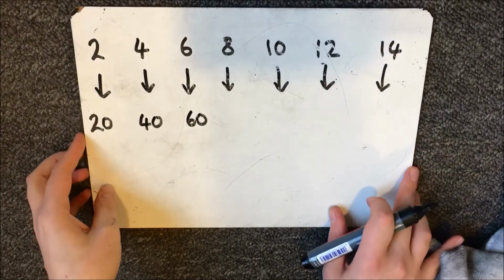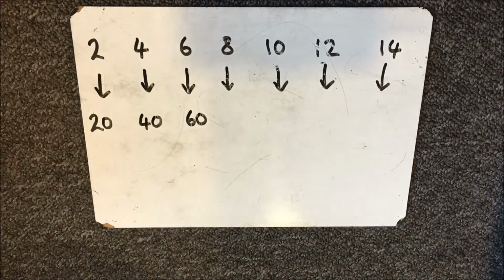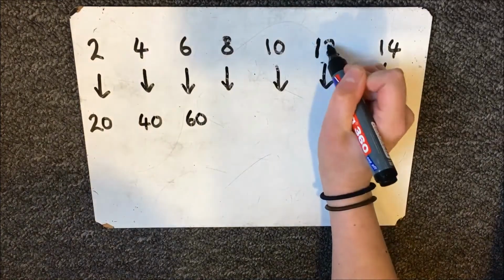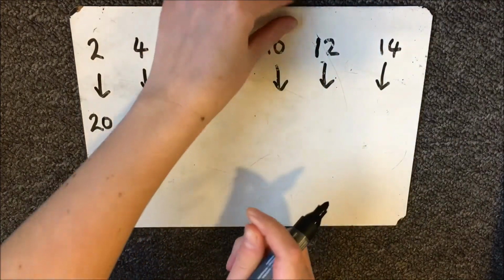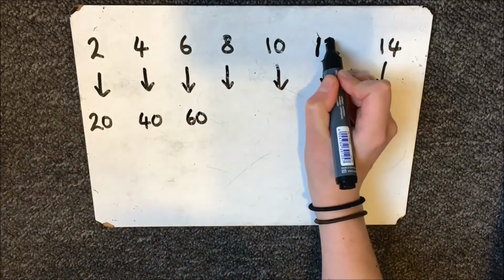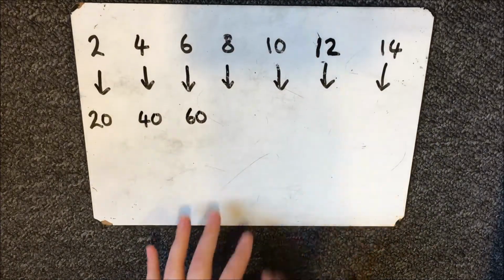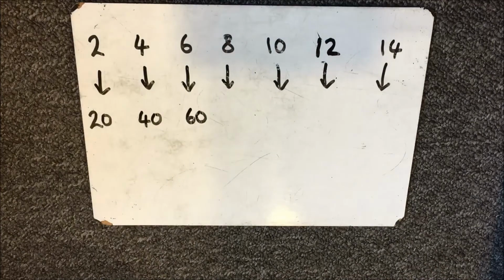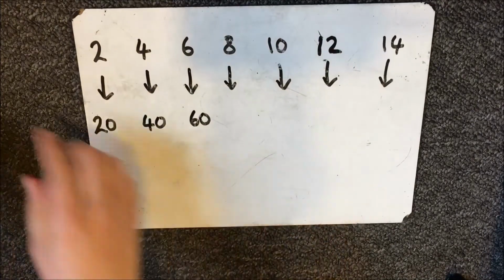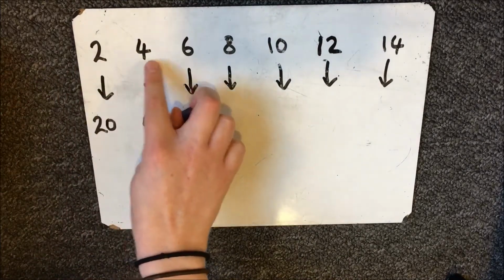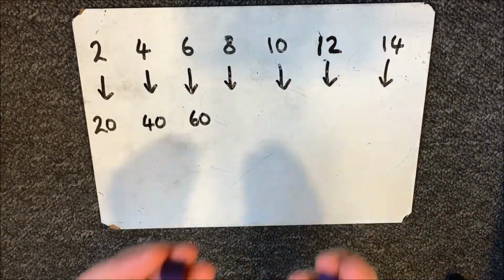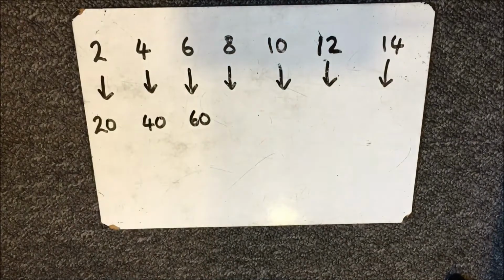The first thing we're going to do is think back to when we were counting in 20s. When we were counting in 20s, we found out we could use our 2 times table to help us with that. Don't worry if you don't remember, it was a very long time ago, so we're going to revise it. The first thing we're going to do is count in 2s, which is in my top row. As I put down the Deans, I would like you to say the numbers.